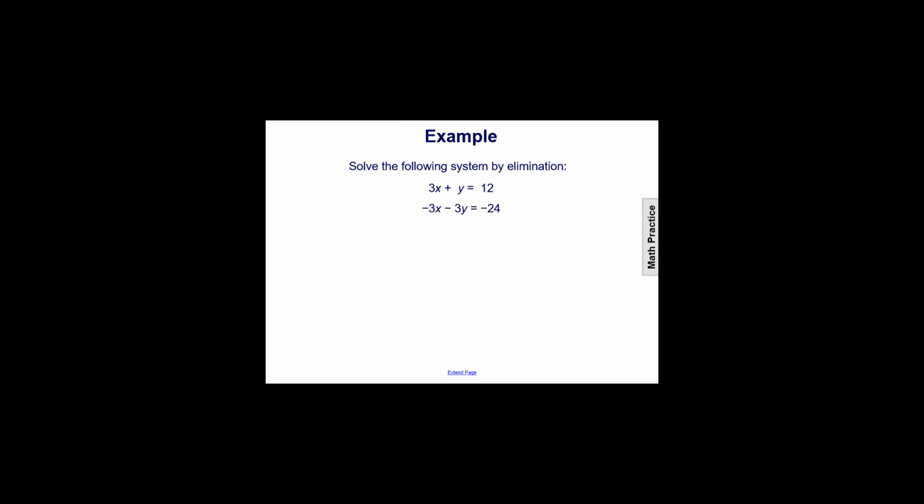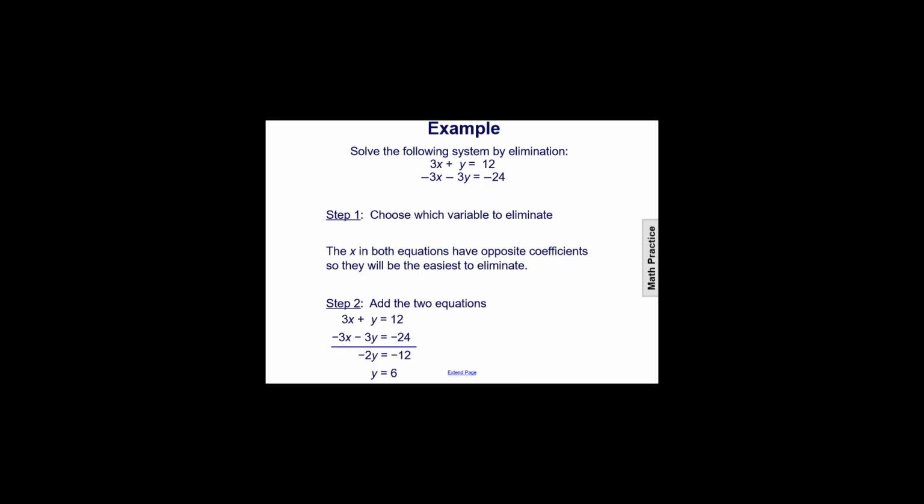Are we going to eliminate the x's or the y's? And think about how you answer that question. Think about looking at the coefficients. You want to find those opposite coefficients or the same coefficients. In this example, we're choosing the x to eliminate because the x in both equations have opposite coefficients. You have positive 3 and negative 3, so that will be the easiest to eliminate.